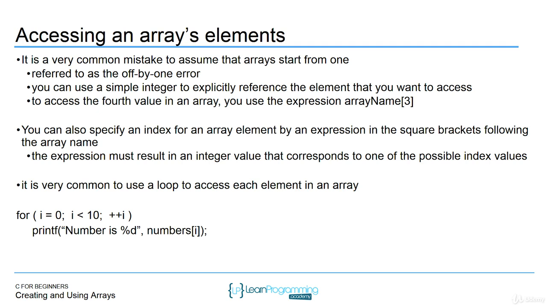What we're doing here is displaying the numbers in the array. So we're saying printf number is %d and then numbers sub I. I is a variable. You can use a variable in an index expression as long as that variable represents a number from 0 to 9. And in this case it does. It's very common to use for loops to iterate over an array, to either access the elements or write data to those elements.